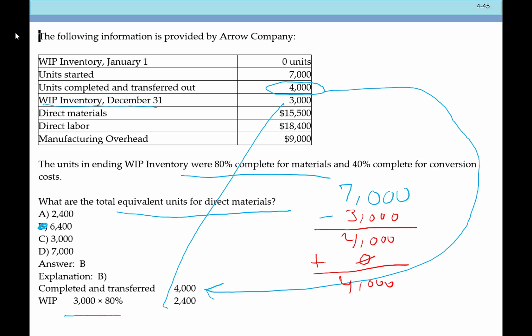So it's a pretty easy question. If they didn't give that to me, I would have to do what? 7,000 units started, 3,000 units in ending inventory. That means I started and completed 4,000. And in this case, there was nothing in beginning inventory, so I would just have to add 0 or do nothing. I'd still get to 4,000, wouldn't I?